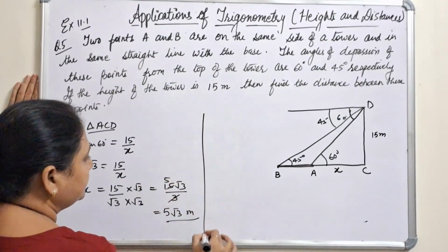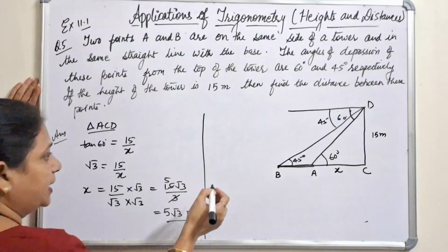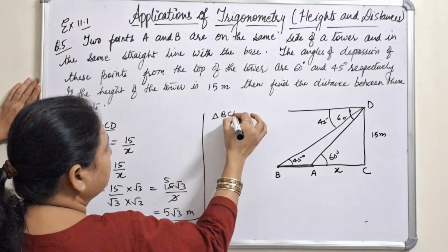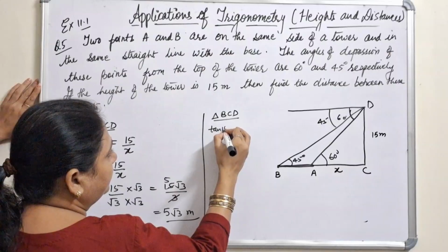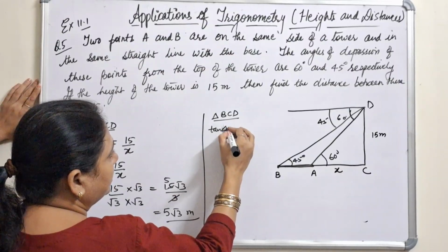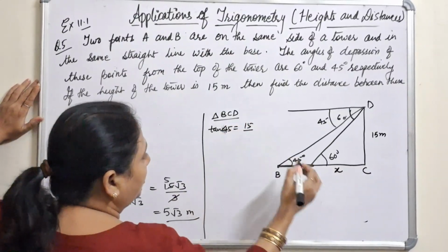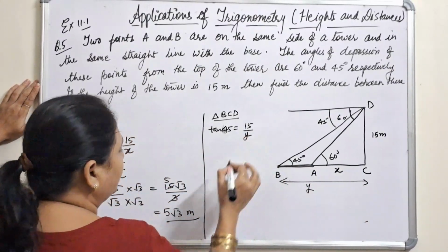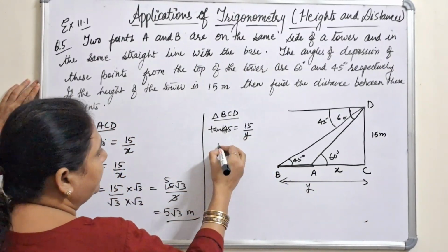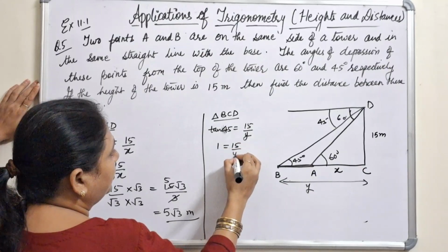Now the next triangle is triangle BCD. In triangle BCD, tan 45 is equal to 15 upon, let it be y. So 15 upon y. Tan 45 is 1, so 1 is 15 upon y.